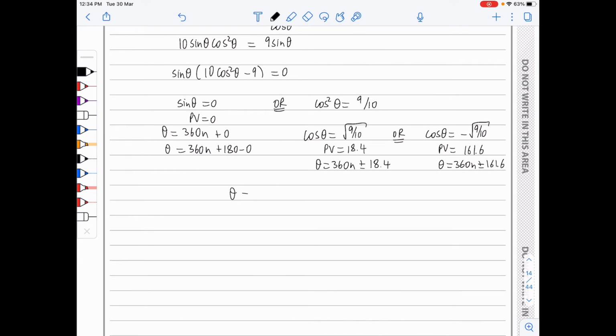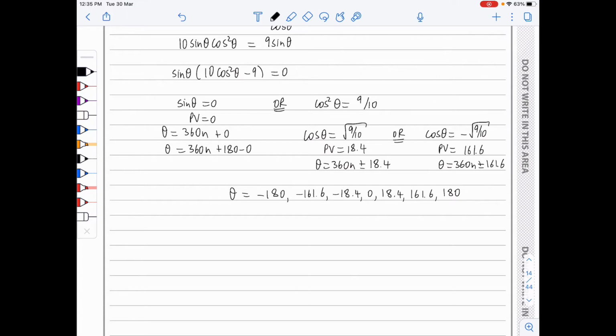So the solution should be minus 180, minus 161.6, minus 18.4, 0, 18.4, 161.6, and 180. We need to be particularly careful here because the boundaries happen to be inclusive and also solutions of the given equation.